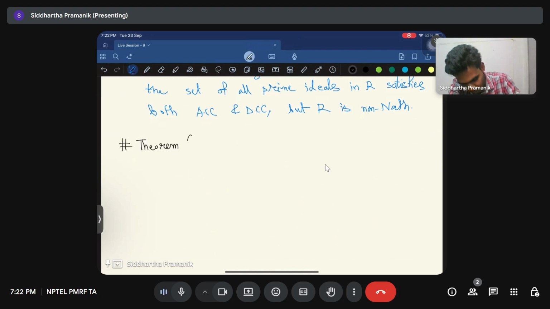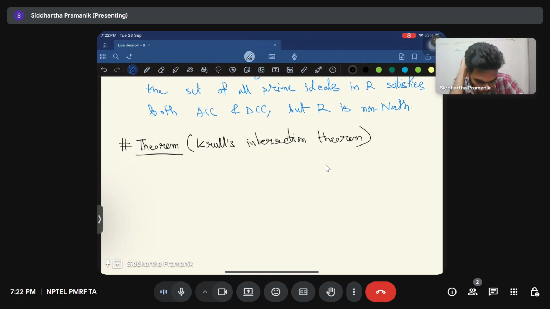It is known as Krull's intersection theorem. It is basically an application of the Artin-Rees lemma and Nakayama's lemma. So let's write down the statement.